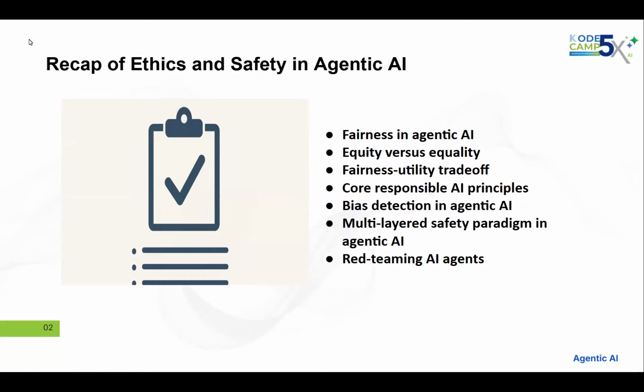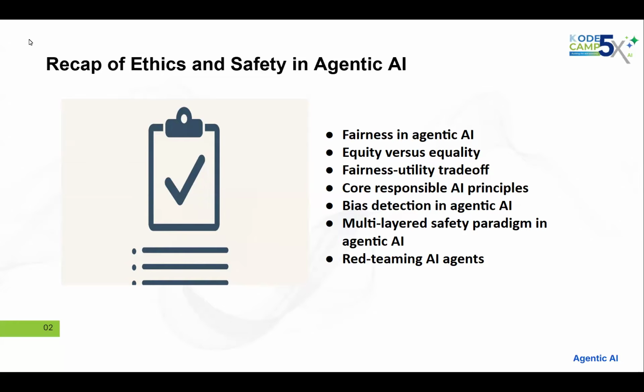We also spoke about active defense and red teaming agents, if I'm right. For active defense, what we are doing is protecting our system in real time so it can withstand attacks.